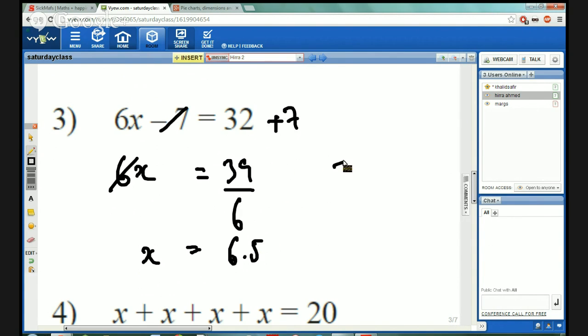Or you could do it like this. Look, you've got 39. 6 into 3 doesn't go, so carry the 3. Did you ever practice this short division before? Yeah, in school.